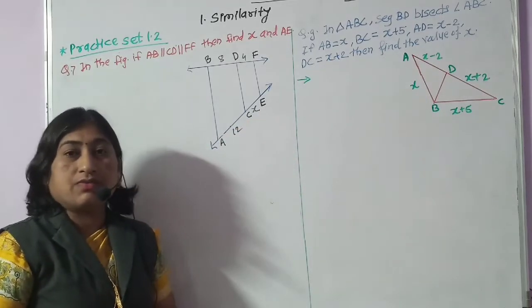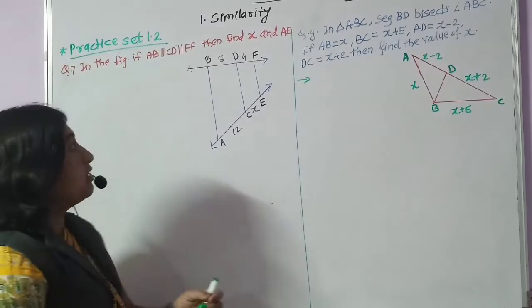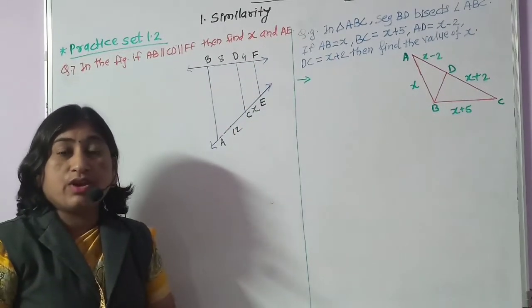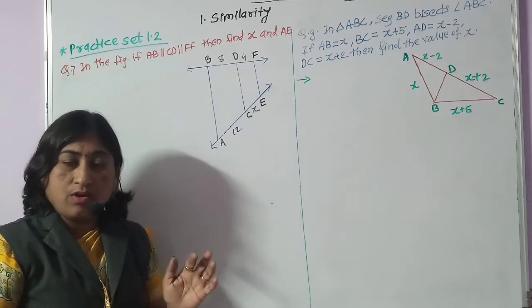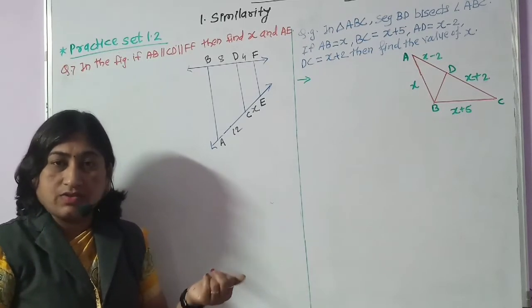If we observe this figure, and also already given that the three lines are parallel, that means here we have to use the theorem or property of three parallel lines and their transversals.